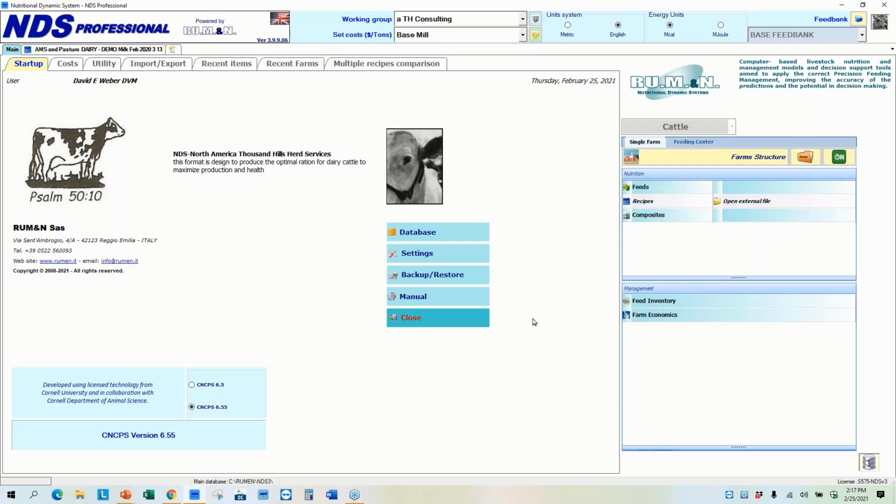It was a sharp, fall off the edge of the cliff kind of response. Have they changed CNCPS weather effects on cattle here in the last?